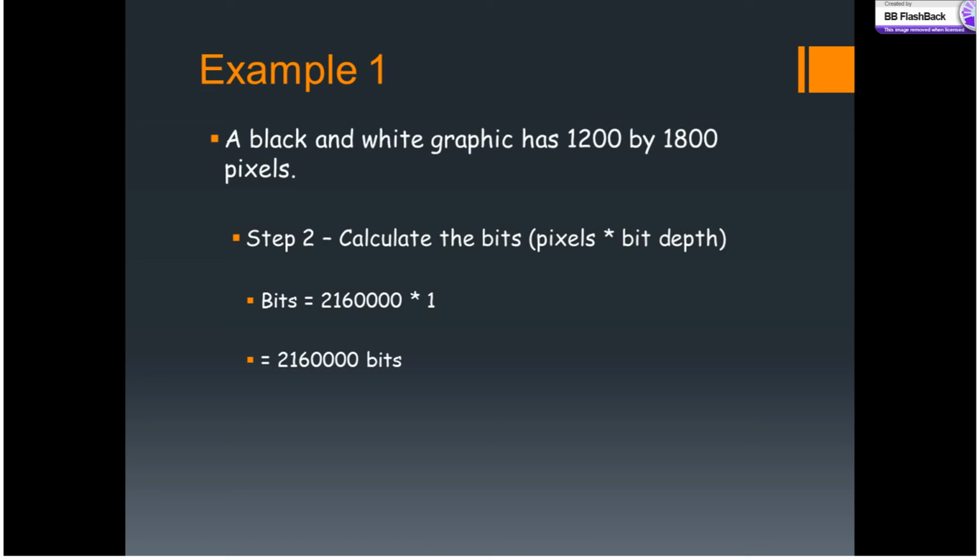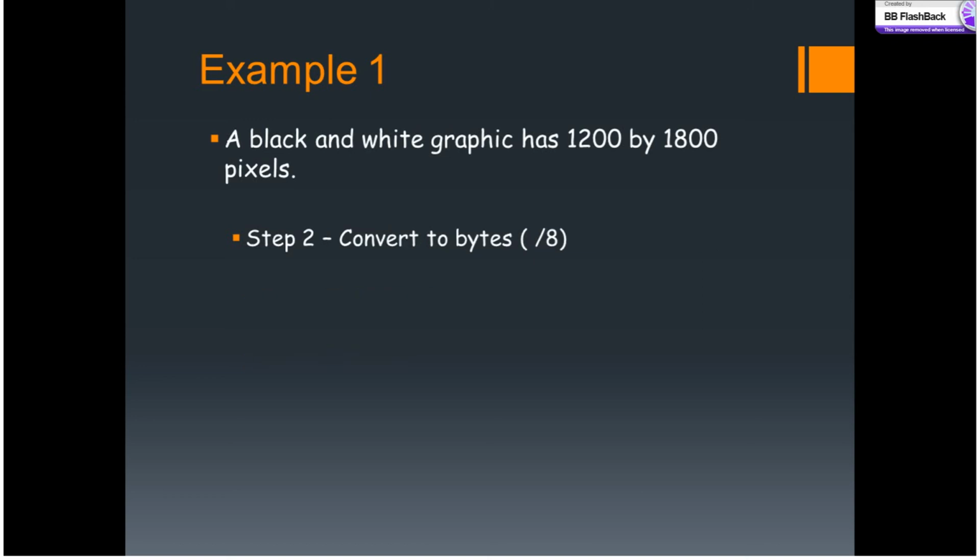So, step 3, get my bytes. There are 8 bits in a byte, so we divide by 8. When we divide 216,000 by 8, our answer is 27,000. So we've got 27,000 bytes. That number is greater than 1024, so I'm going to divide by 1024 to get kilobytes.